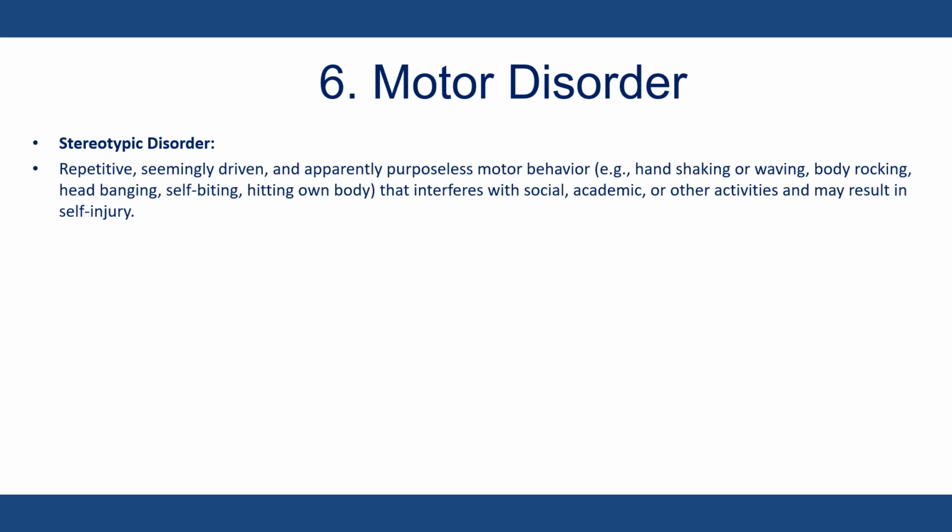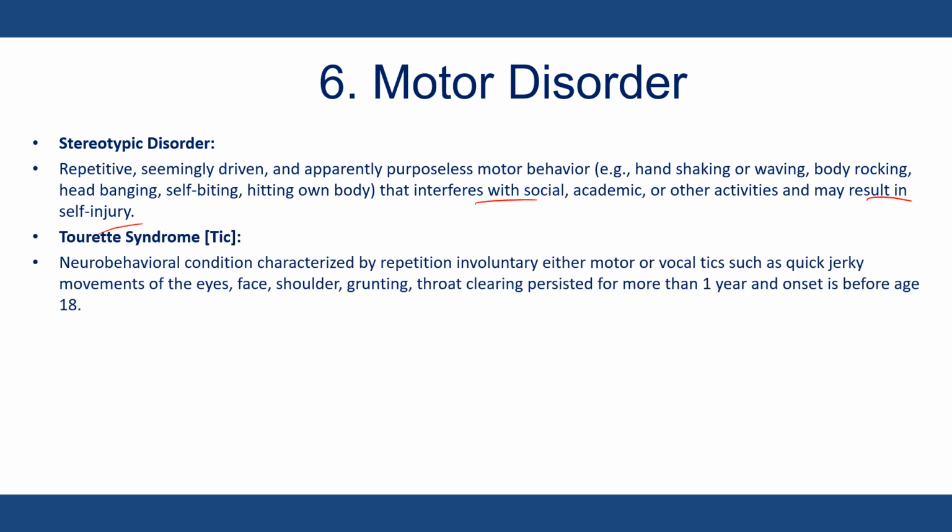Number 6 is motor disorders. You have a client who has some kind of repetitive motor behavior, either handshaking or body rocking, self-biting, and so forth, that interferes with ADLs, of course, and puts that child at risk of self-injury, or Tourette syndrome, which is tic.